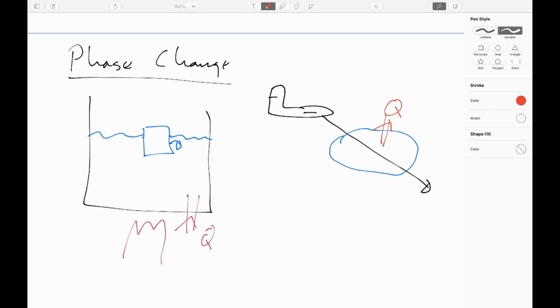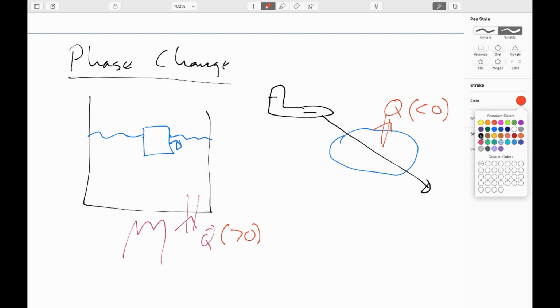Now, when we have a heat transfer out, because physicists consider heat transfers from the perspective of always being on the system, this would be a positive heat transfer, and since here our system's the cloud, that would be a negative heat transfer, because if heat is being transferred out of the cloud, that's the same difference as adding negative heat into the cloud mathematically.